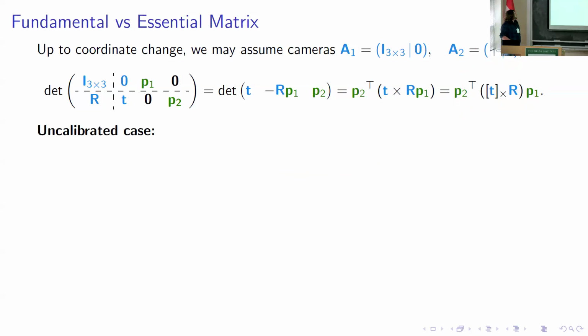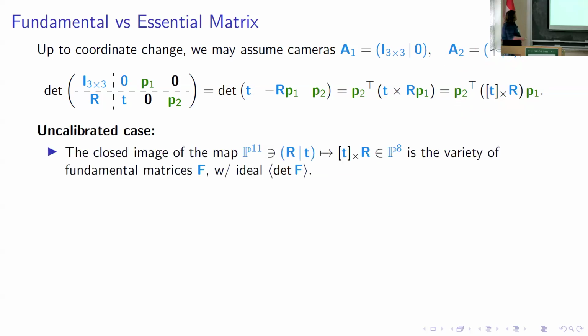So if you're interested in recovering the fundamental matrix, this is what Hesse did in the 1800s, at least on paper. Then you use this parameterization of fundamental matrices. So, okay, we have a parameterization of an algebraic variety. You'd want to know what equations vanish on it. Well, in this case, it's just the determinant. Any matrix of rank at most 2 is in the closure of the image of this map, and vice versa.